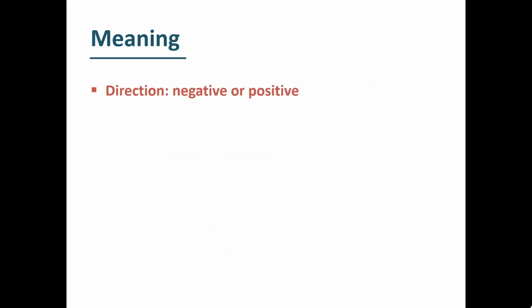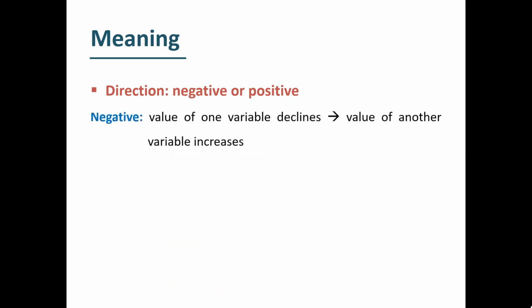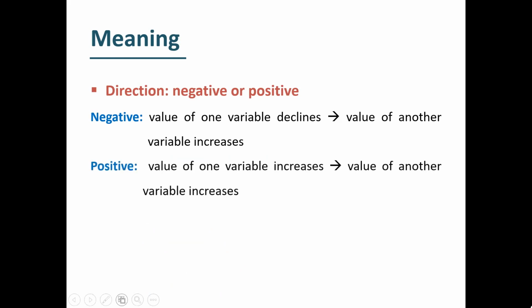So first, correlation analysis is useful to find the direction of the association, whether we have negative or positive association. If you have negative association, that means the value of one variable declines as the value of another variable increases. If we have positive association or positive correlation, the value of one variable increases as the value of another variable increases.